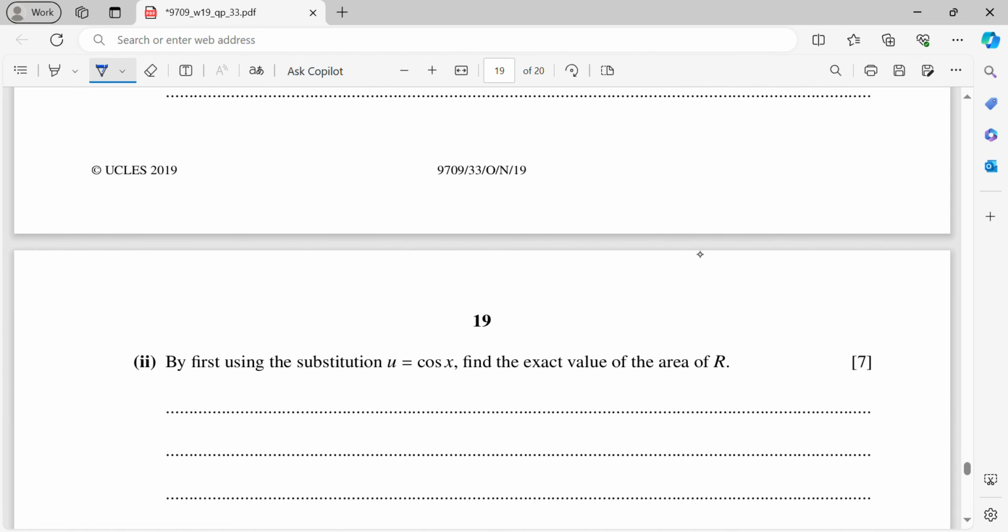So your area equals the integral from 0 to pi of e^(cos x) sine cubed x.